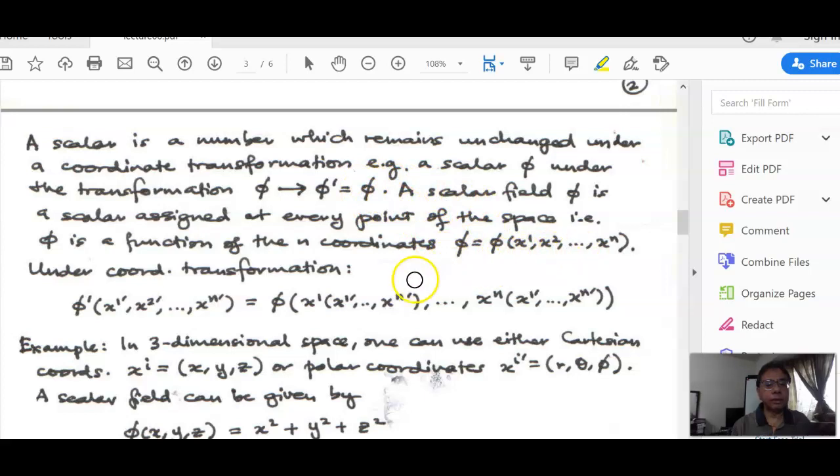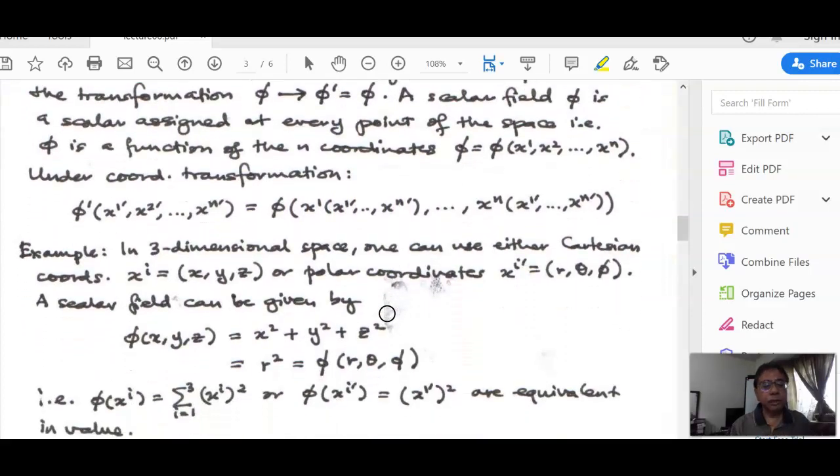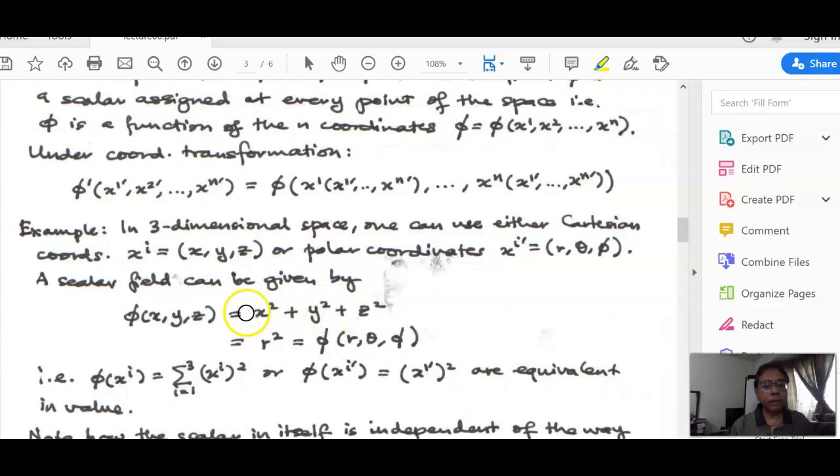Okay? So in other words, you can think of phi dash as a function of x1 dash, but x1 dash can be rewritten as a function of x1. Okay, so let me illustrate this a bit more easily. Consider the case of a scalar phi given by the length in Euclidean space.